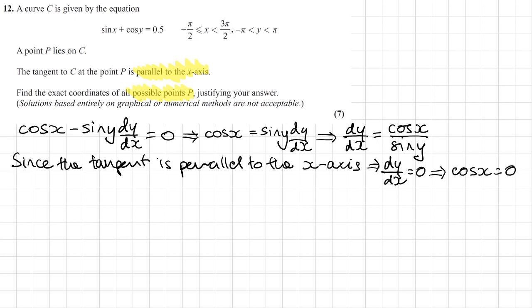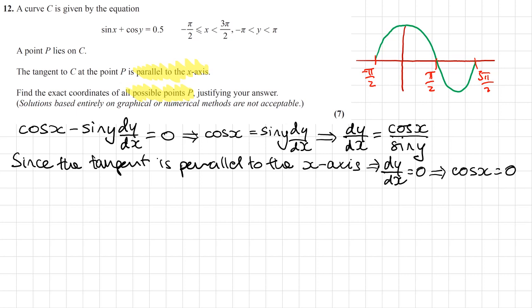Okay, let's find out what those values are. So here's a quick sketch of cos x. Now our values of x need to go only between negative pi over 2 and 3 pi over 2. So my graph's going to look something like this, where I have negative pi over 2 here, and then pi over 2 here, and then 3 pi over 2 here.